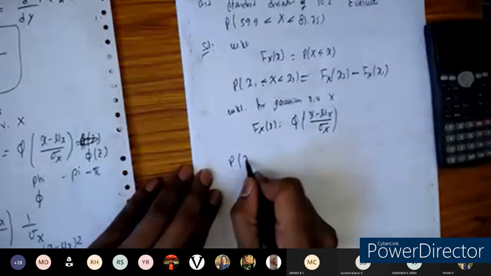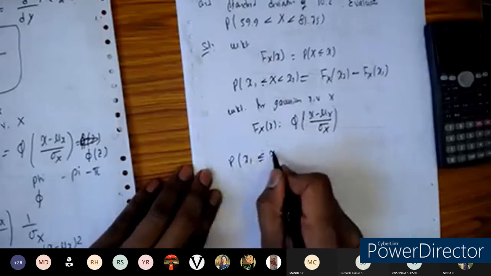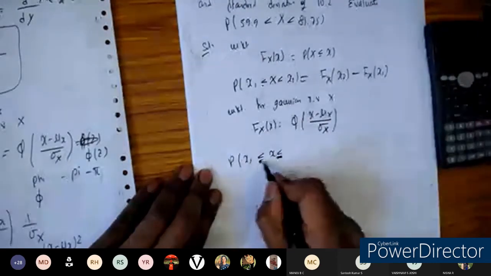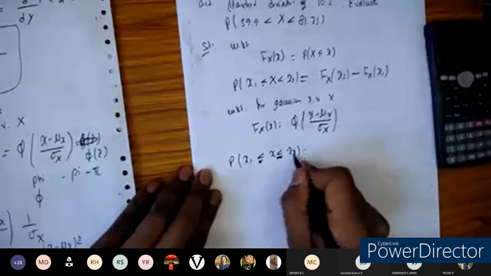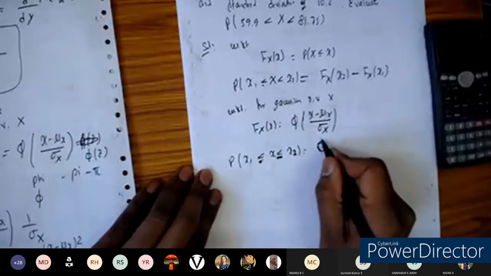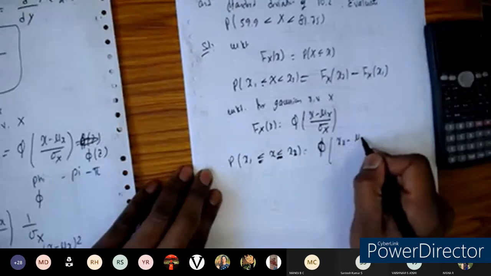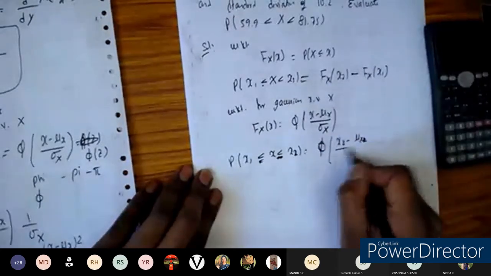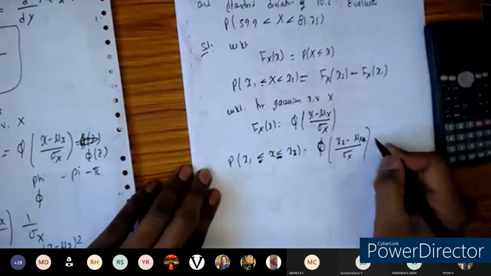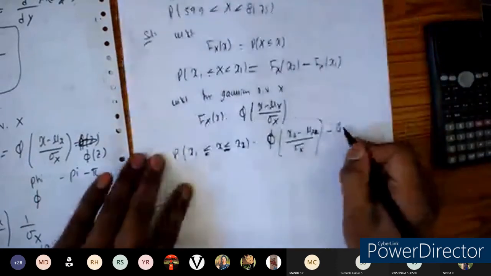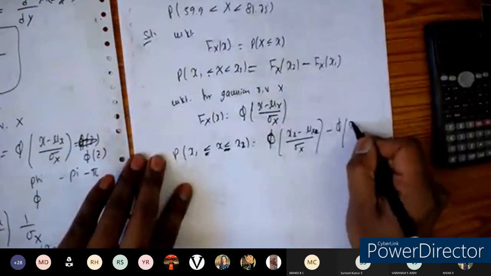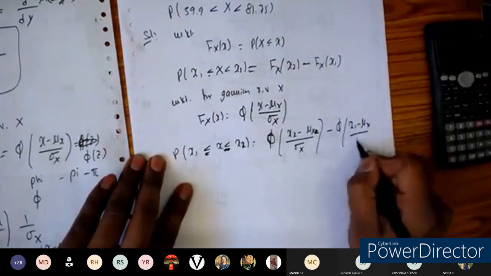From this we can write the probability x1 is less than x is less than x2 as phi of (x2 minus nu x) divided by sigma x, minus phi of (x1 minus nu x) divided by sigma x.